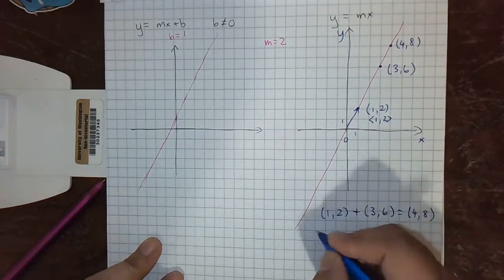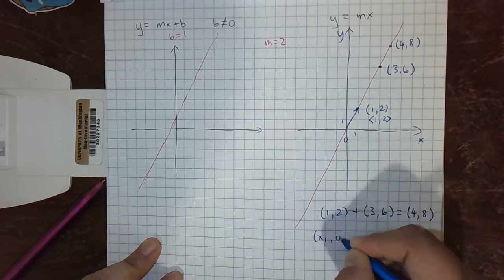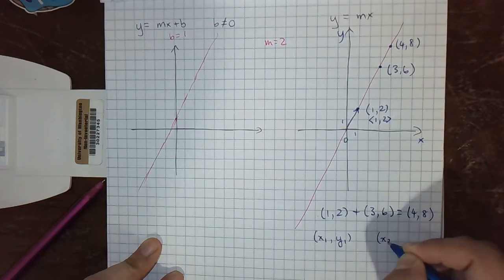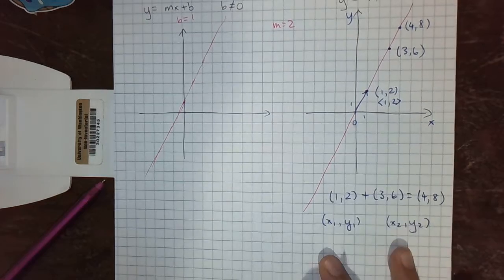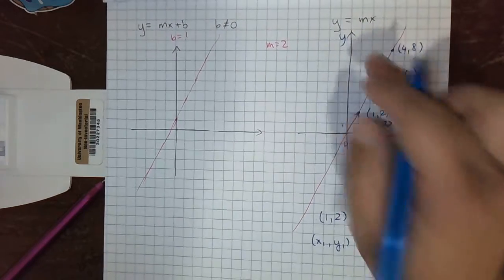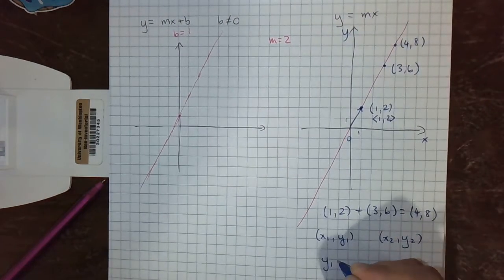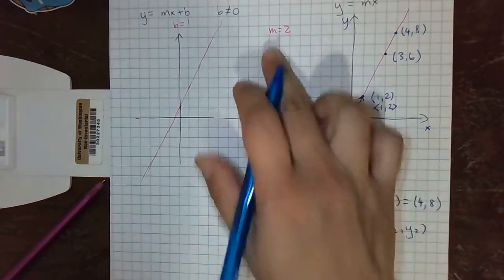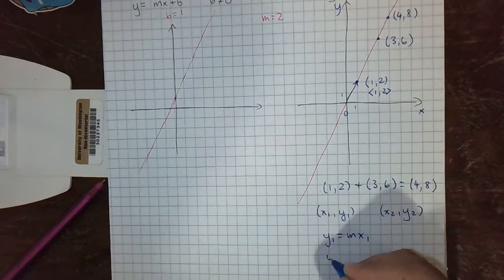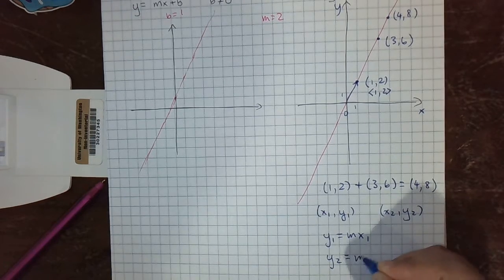Well, if I called the points x1, y1, and x2, y2, then let's see what happens. They both lie on the line, so they both satisfy the equation of the line. So y1 equals m x1, I'm going to do it in general, actually, not even just for the value m equals 2. And I get y2 equals m x2.